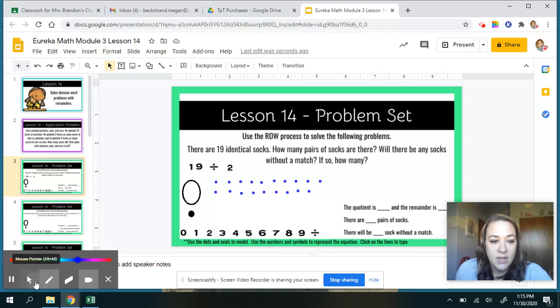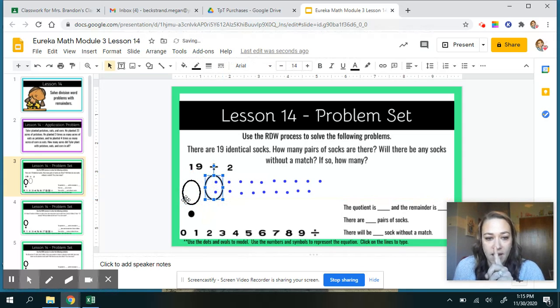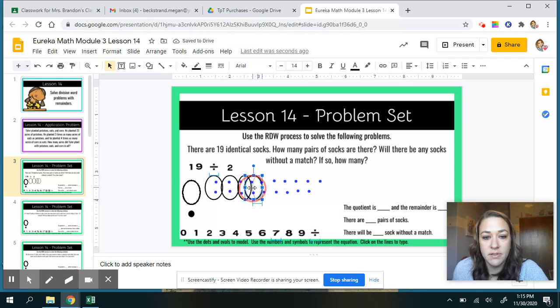Okay, so my division, remember, I'm making groups. I'm going to show that each of these 2 dots is going to be 1 pair. So there's 1 pair. There's 2 pairs. There's 3 pairs. I should put my dots a little bit further apart. There's 4, 5.